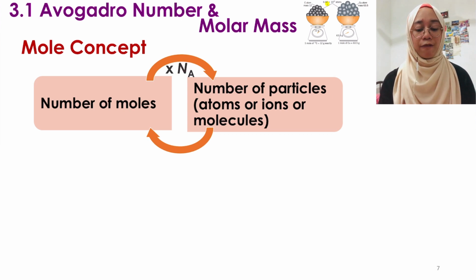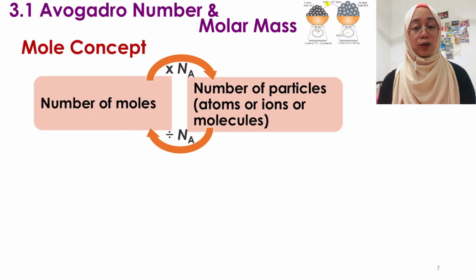Okay, so if you have 1 mole of something, pergi darab dengan the Avogadro's number, meaning you have 6.02 exponent 23 of that particular particles lah. Okay, however, if you are given the number of particles and you are asked to calculate the number of moles, therefore kita patah balik je. So apa yang kamu kena buat adalah bahagi dengan the value of Avogadro's number.